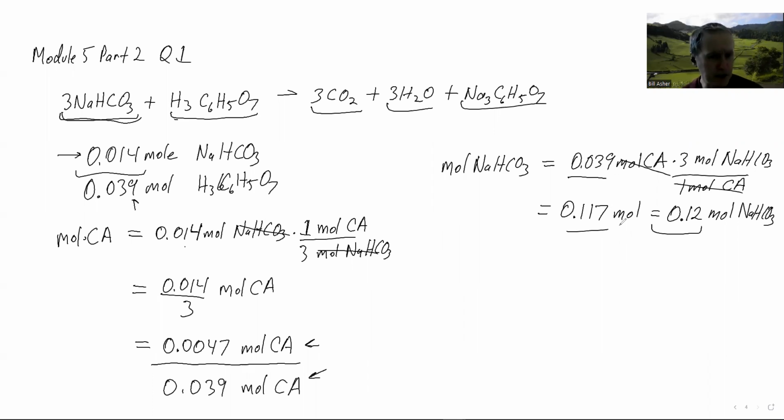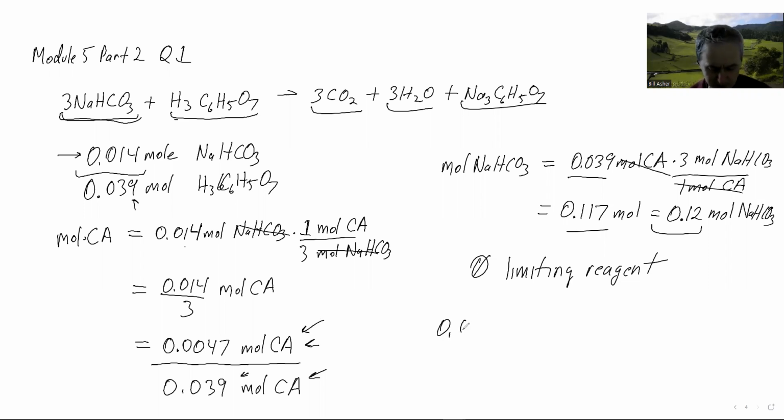Now, how much limiting reagent do we have left over when the reaction is complete? 0, because it all gets used. 0 for the limiting reagent. Right? And how much citric acid do we have left over? Well, this is the amount of citric acid we're going to use, and we subtract that from the amount we have.